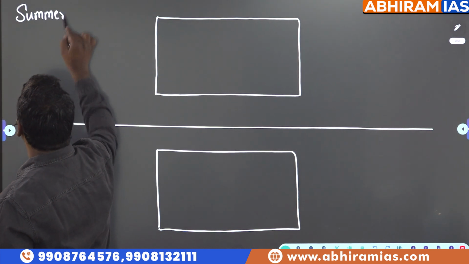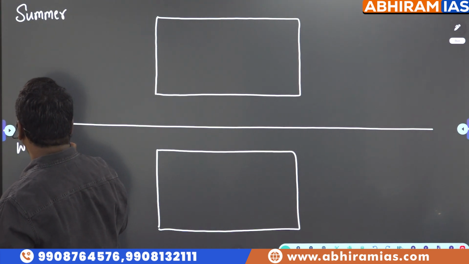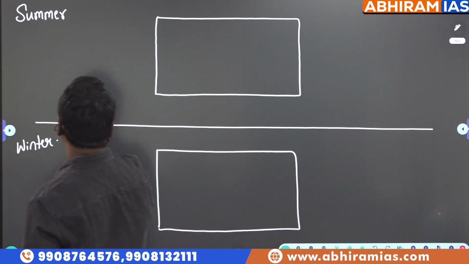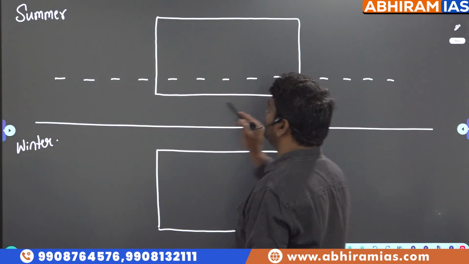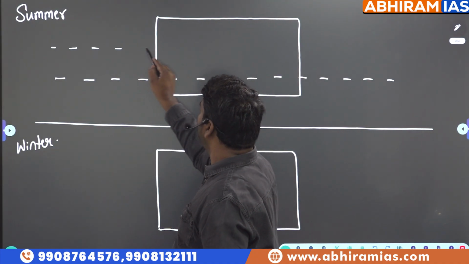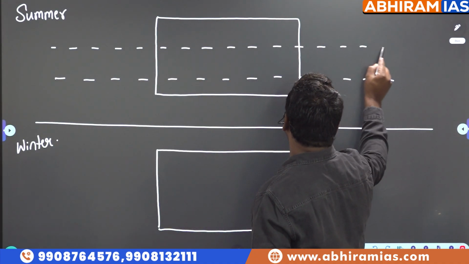Now, summer in the northern hemisphere, winter in the southern hemisphere. Everyone see here, these are all dotted lines. Each dotted line indicates a place.